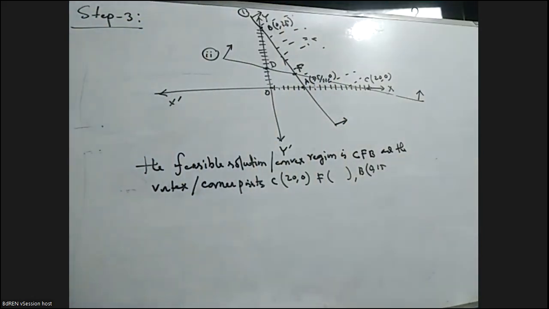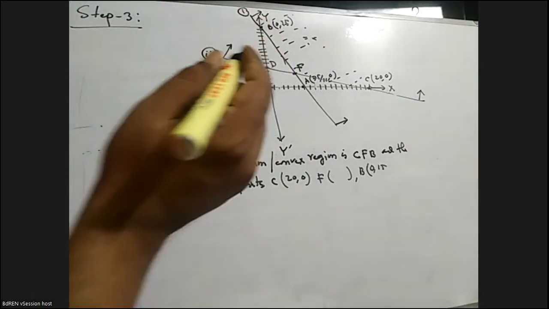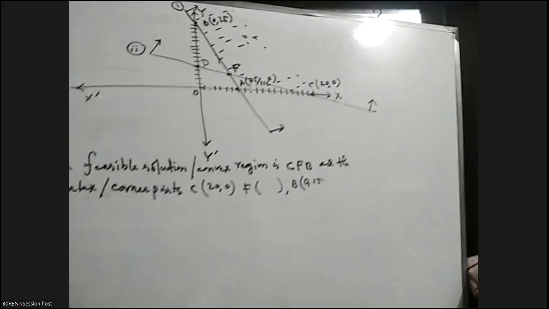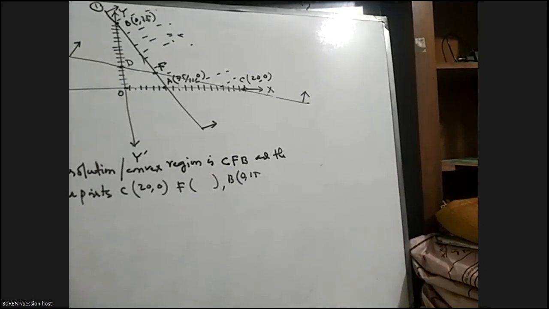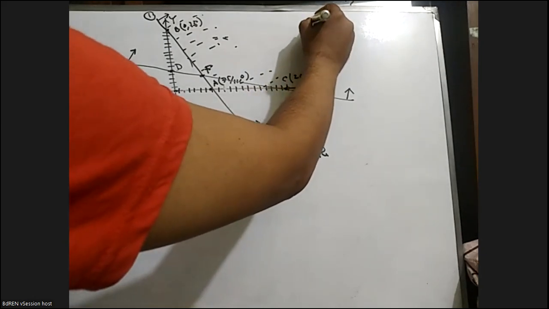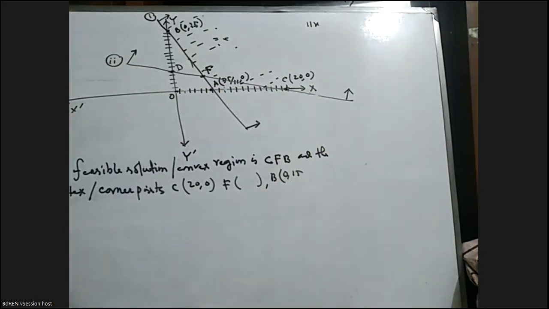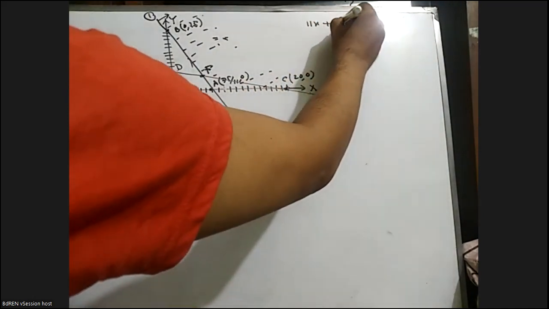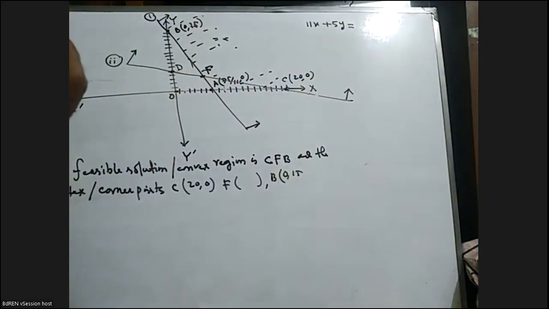Now, how can we solve line equations 1 and 2? We are given 11x plus 5y equals 75.